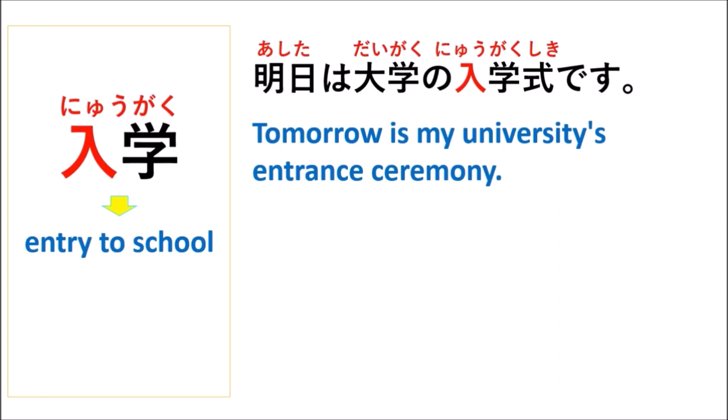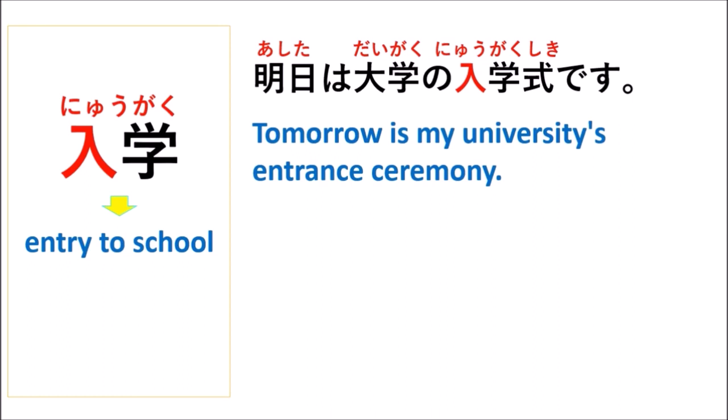And as another example, you can create a sentence like 入学式はいつですか? Which means when is the entrance ceremony? Here we don't specify university or high school or secondary school.